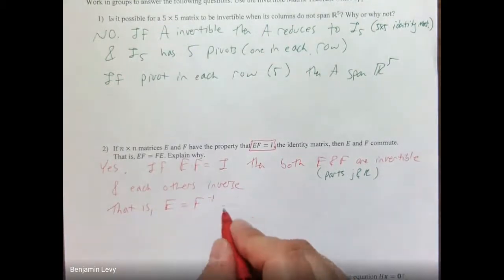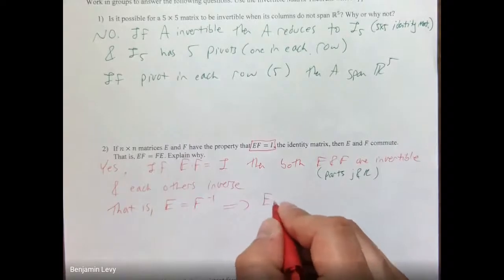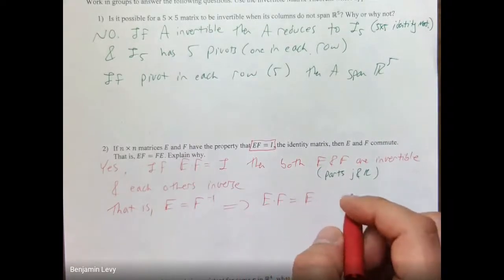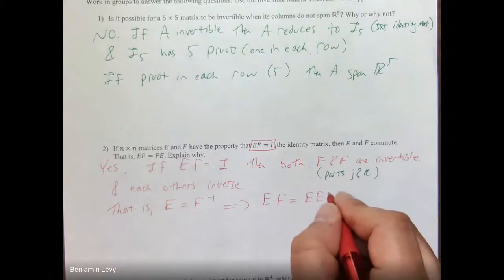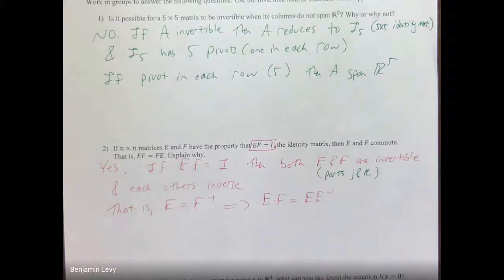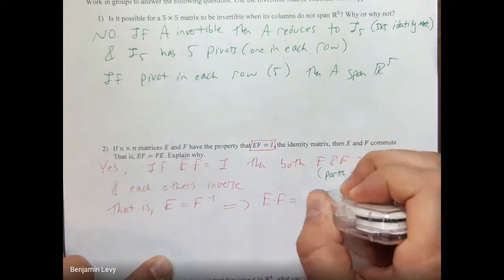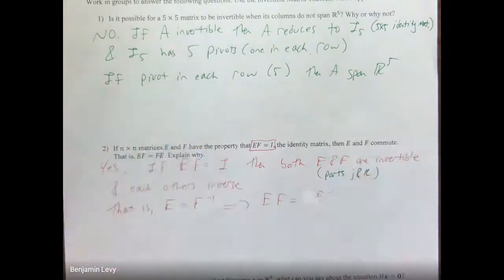And so that means when you multiply E times F, you're really doing E times E inverse. What? I should have written it the other way. Sorry, let me rewrite it so this makes sense. E is F inverse, so let me do it this way. So I'm going to replace E in this with F inverse.